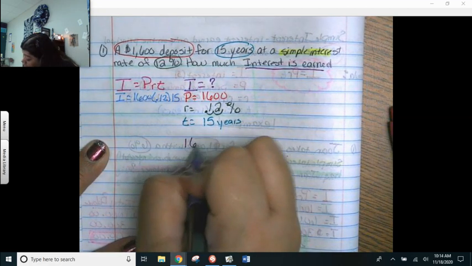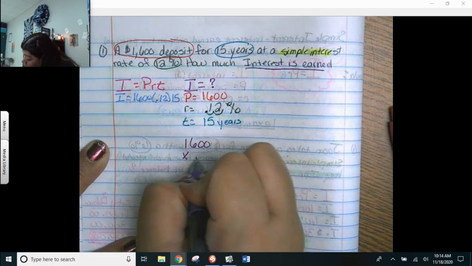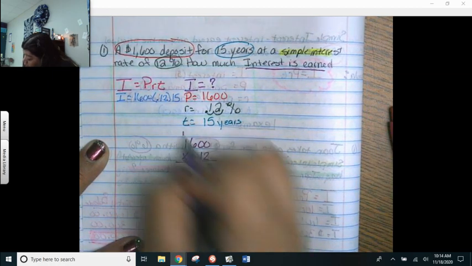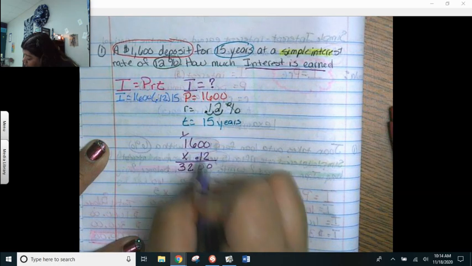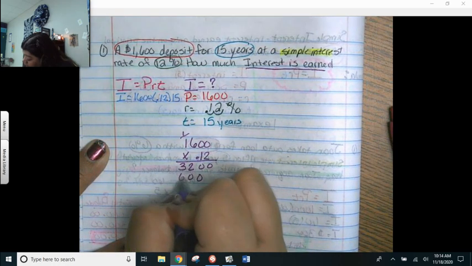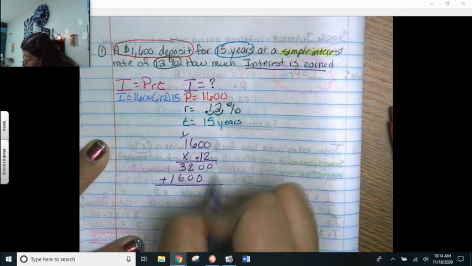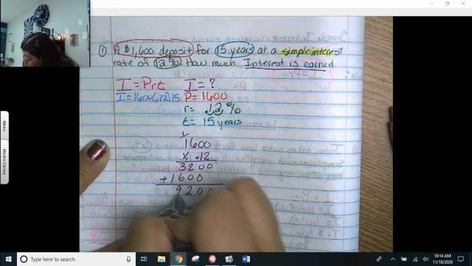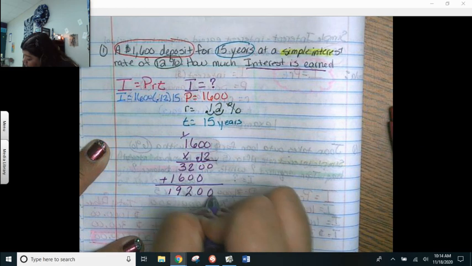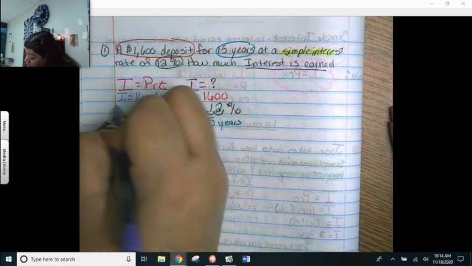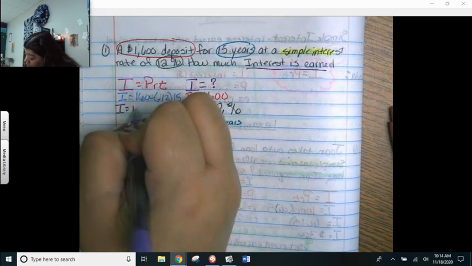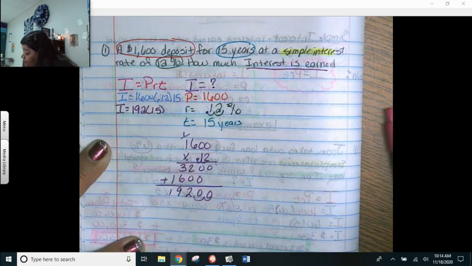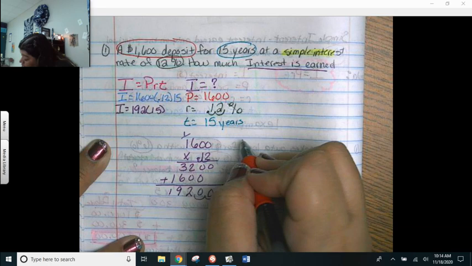So I'm going to do 1,600 times 12 hundredths. And I have 2 decimal places, and that gives me 192. So I equals 192 times, I haven't done anything with the 15 yet. Let me get him done.